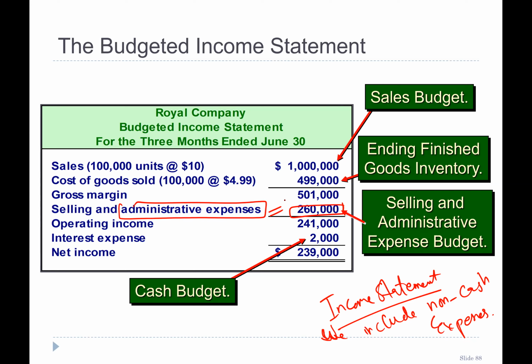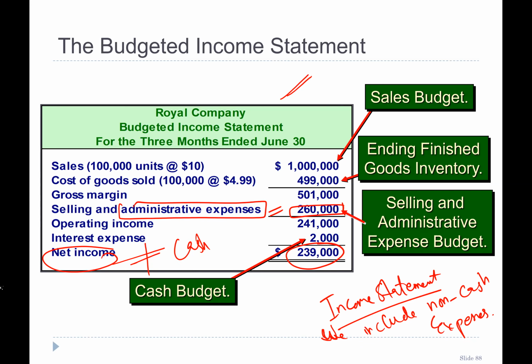But in the income statement, we do include the effect of all the barter transaction gains, right? And also non-cash expenses like depreciation as well, right? So that is why net income is not equal to cash.